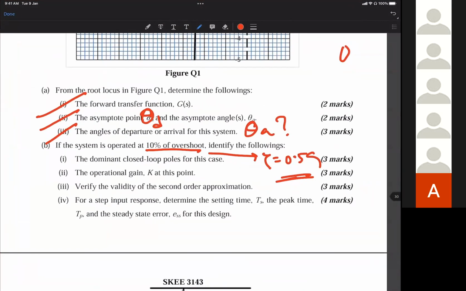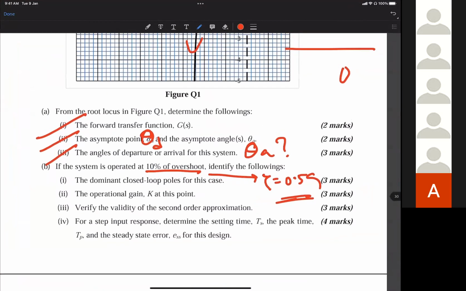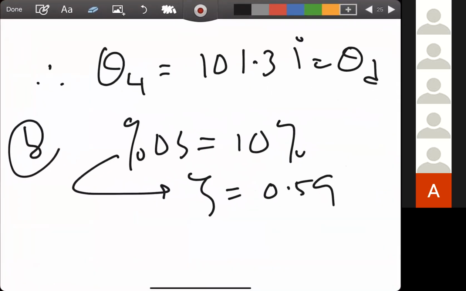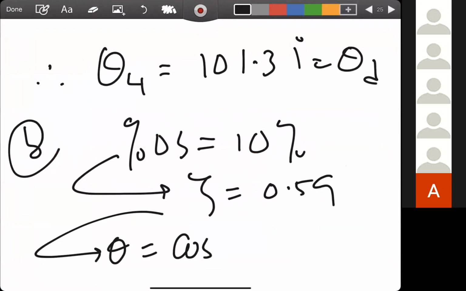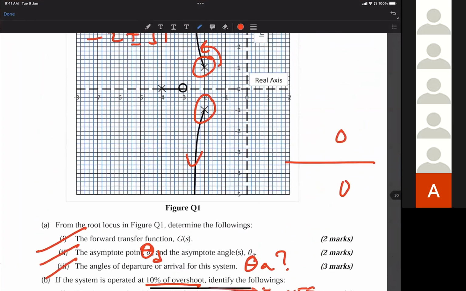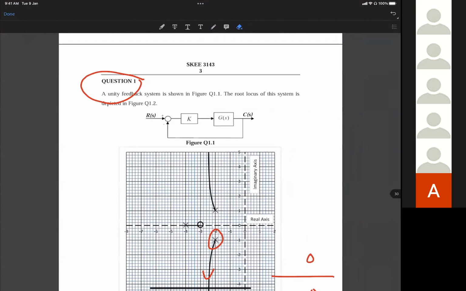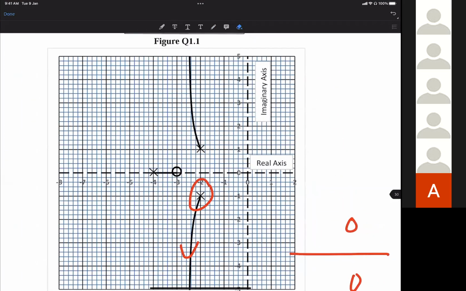Omega n, is it given? No, it is not given. So that means you have to find the theta first. Theta is 53.84. So print this one.